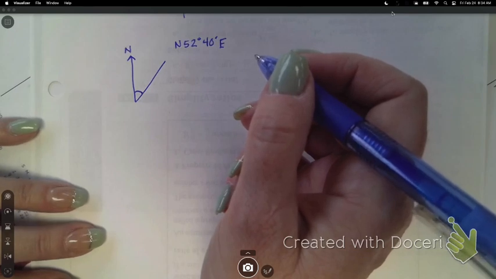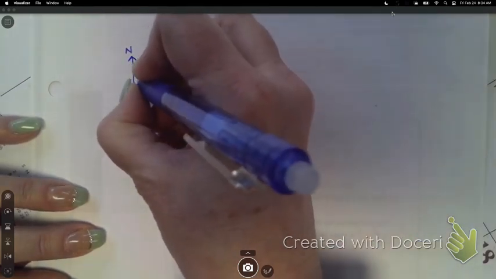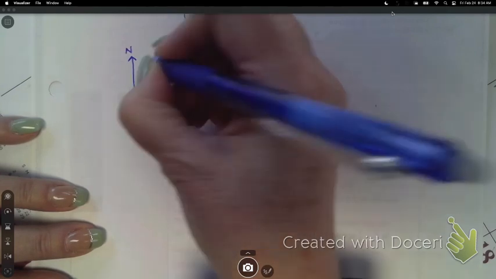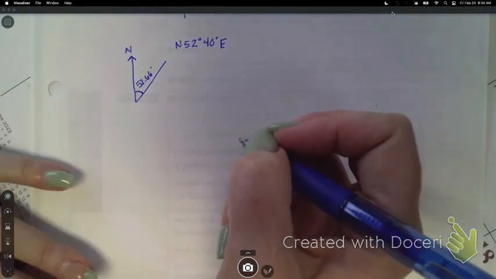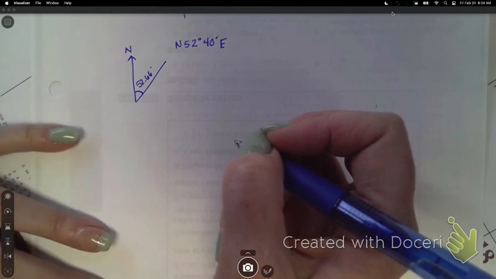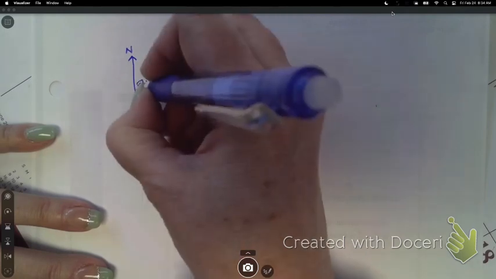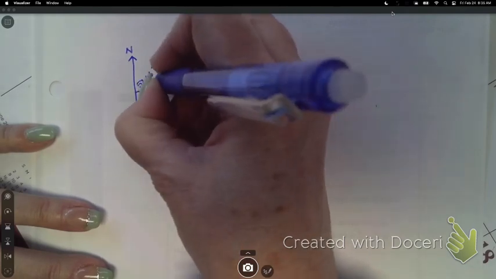And that would be 0.66? Okay, so 52.66 degrees. For a distance of 238 miles. So this is 238.